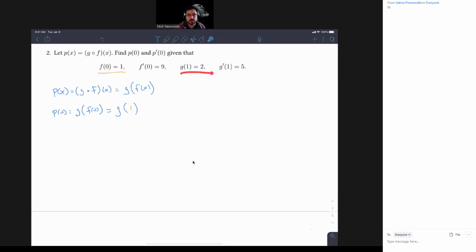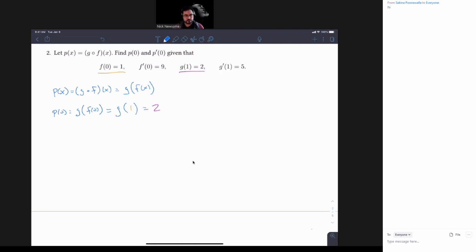So that's another way to check that you're doing this correctly, that you use every piece of information that was given to you. And g of 1 is 2. So that's the first part, just to get us in the mindset of this composition of functions.